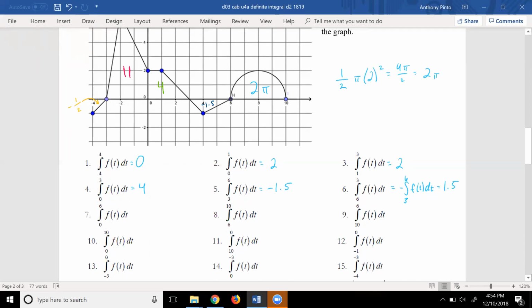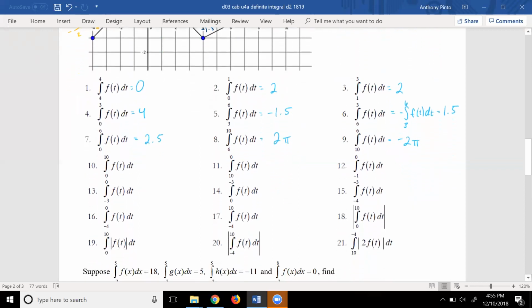Okay, 0 to 6, that's the same as saying 4 minus 1.5, and we get 2.5. 6 to 10, well, that's our semicircle. We found that, 2 pi. 10 to 6, same thing as what we did for problems 5 and 6. We just changed the sign on that one, so that's -2 pi.